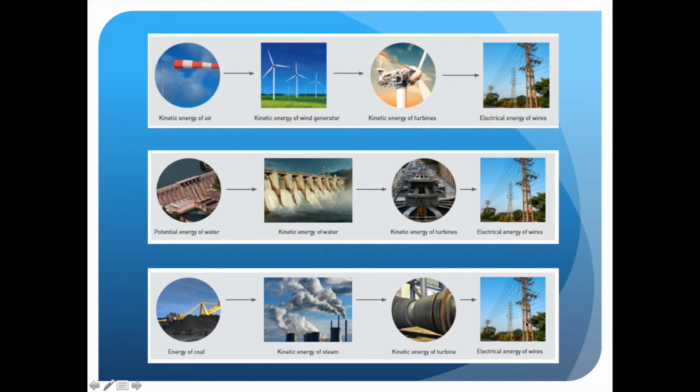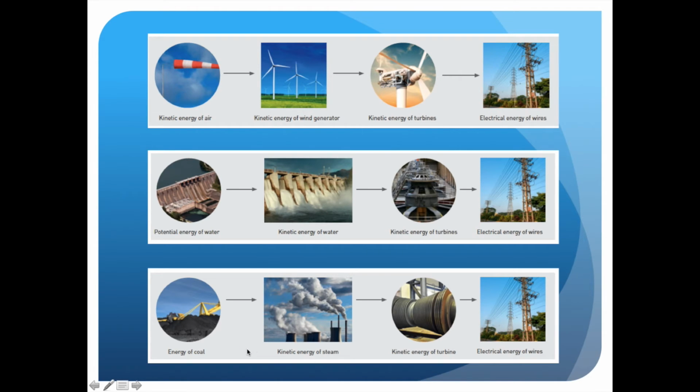We can also get a different output from coal energy. So we have our energy of coal, which is a chemical energy. They've probably written this one wrong in this diagram. The coal has got some chemical energy in there, and then it's burnt. So we've got chemical energy in here as well. It boils water, so that's where we get the kinetic energy of the steam.